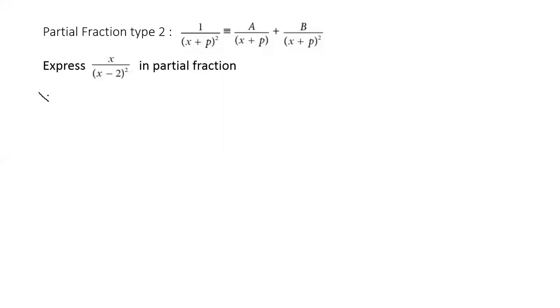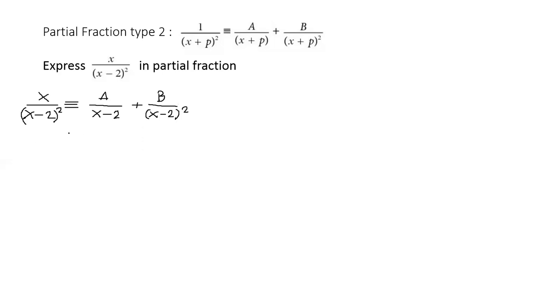All right, now x over (x minus 2) squared is identical to a over (x minus 2), according to this rule, plus b over (x minus 2) squared.